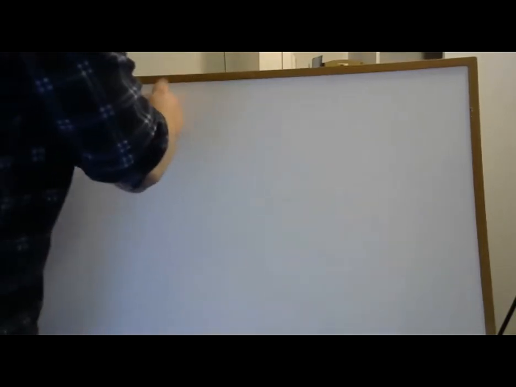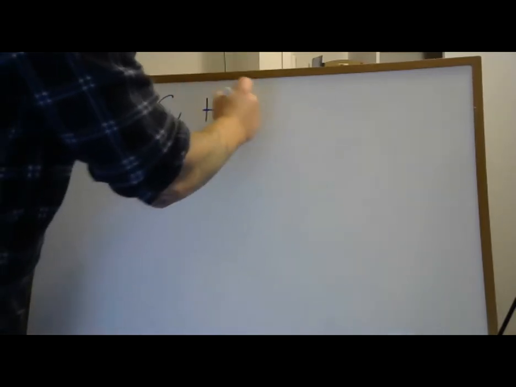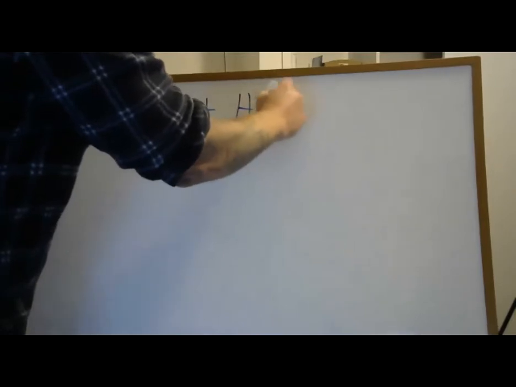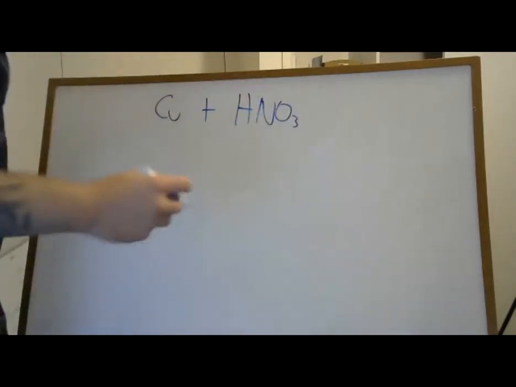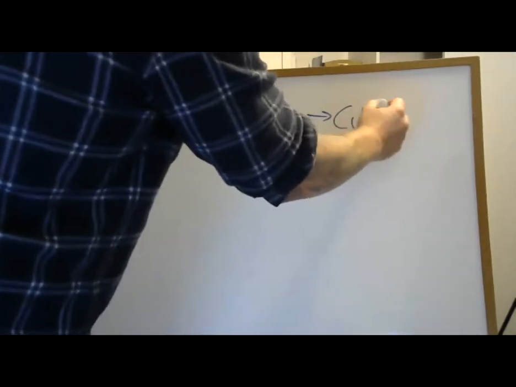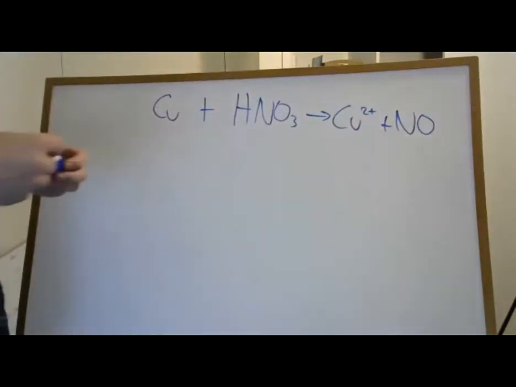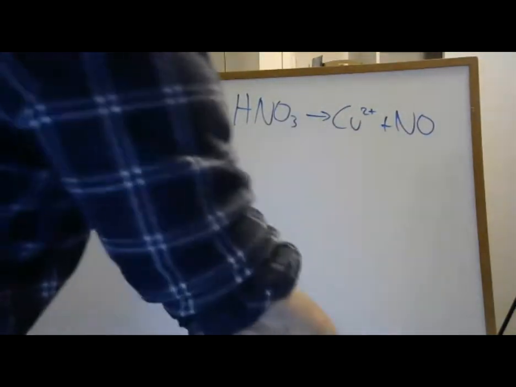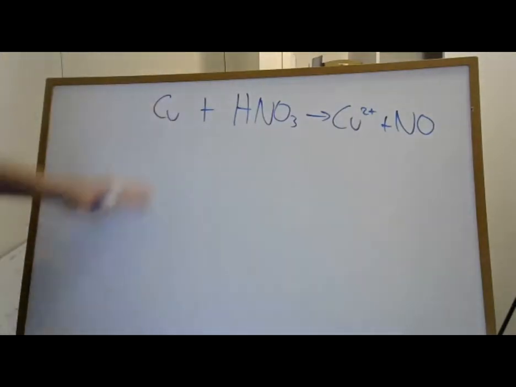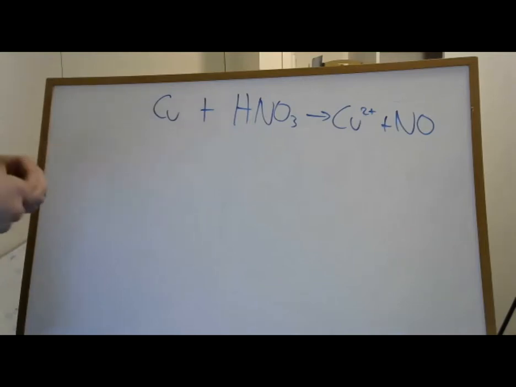So we're going to do this: copper reacts with nitric acid, HNO3, to copper 2 plus and NO. I mean, you can already see what's happened here.